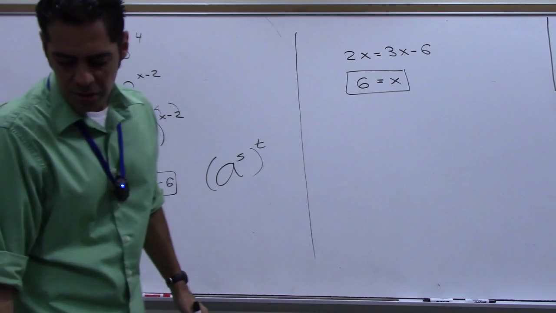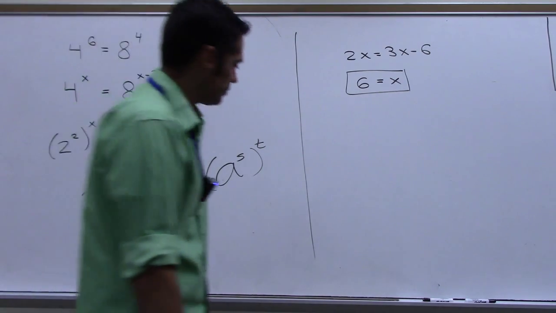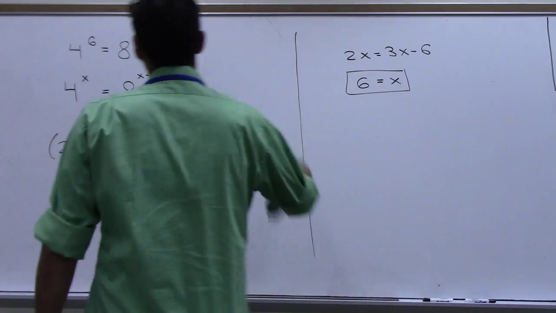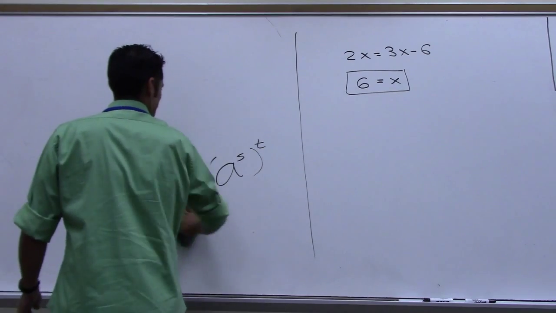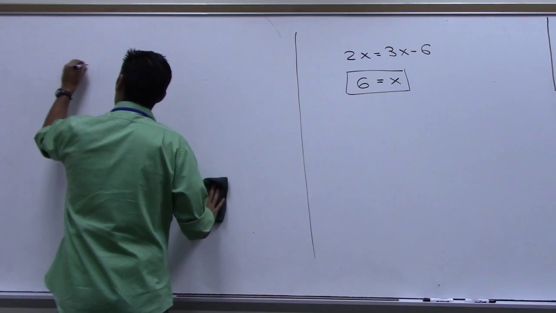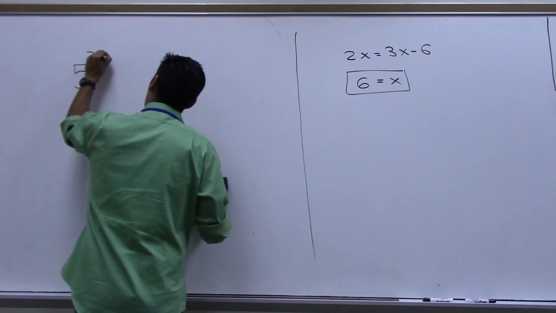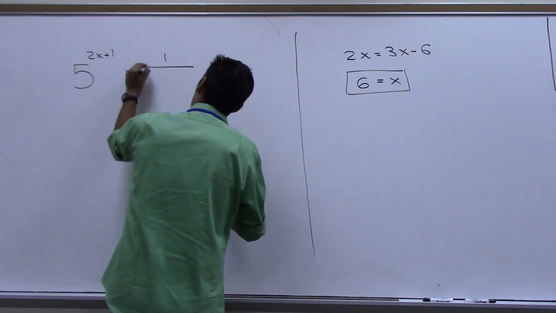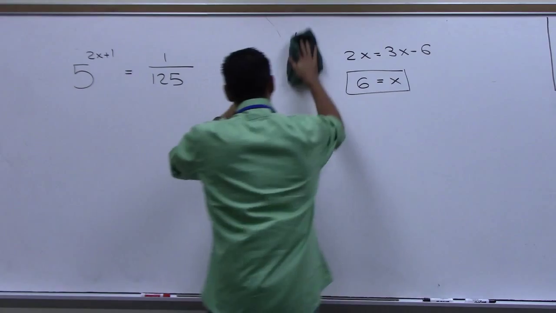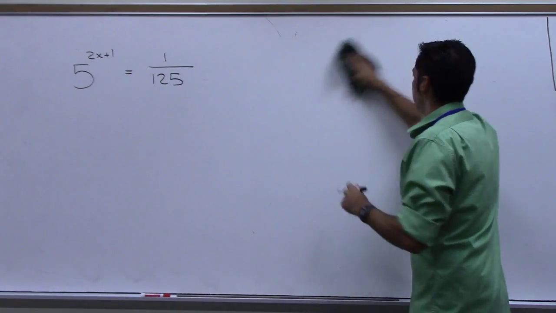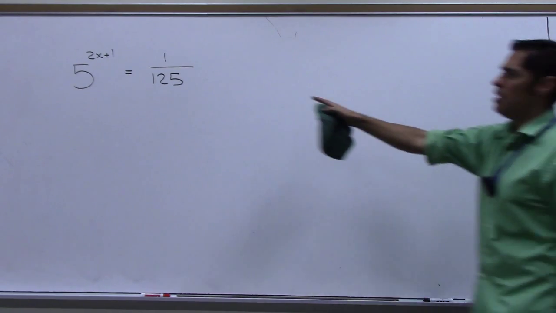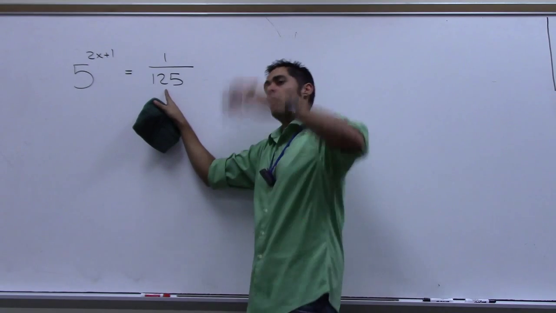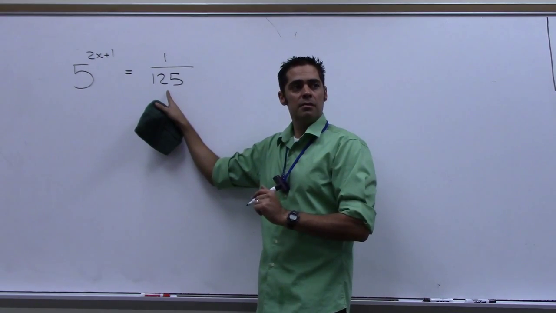Let's go back to the one that we quit on. It was 5 to the 2x plus 1 equals 1 over 125. Now maybe this one will seem a little easier. 125 is 5 cubed, so if we bring it up, it would be 5 to the negative 3.